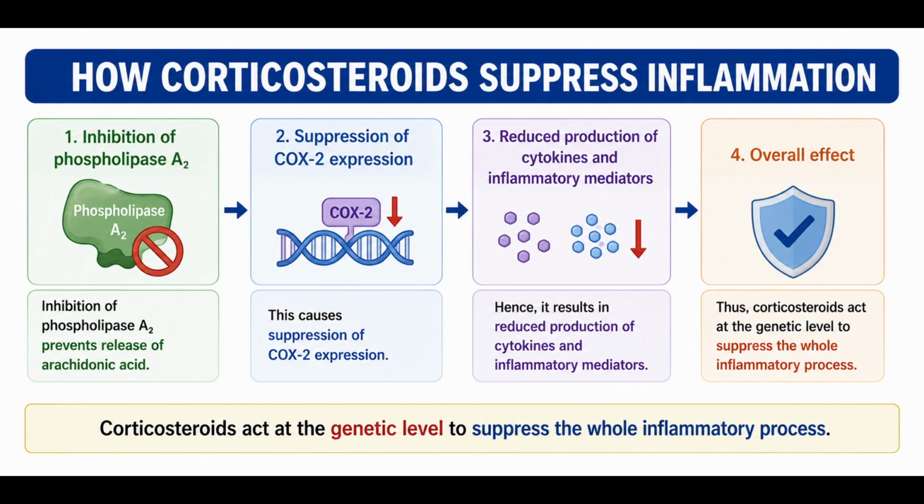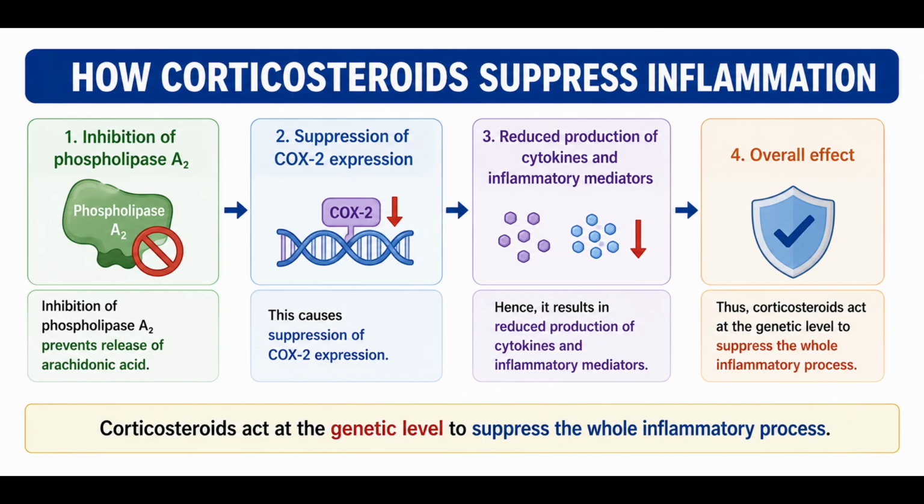Inhibition of phospholipase A₂ prevents release of arachidonic acid. This causes suppression of COX-2 expression. Hence, it results in reduced production of cytokines and inflammatory mediators. Thus, corticosteroids act at the genetic level to suppress the whole inflammatory process.